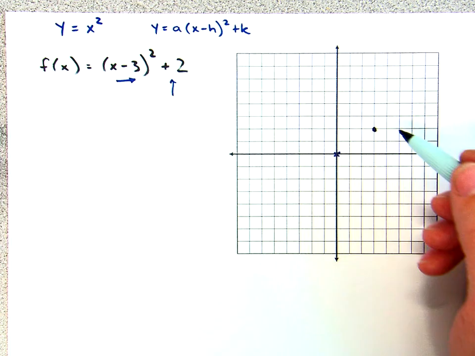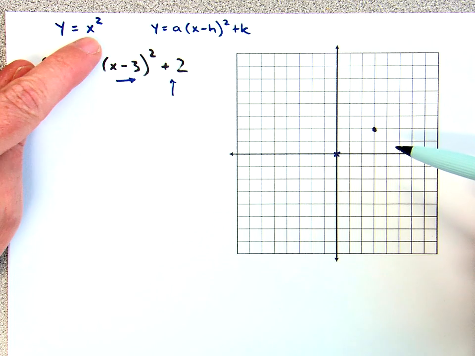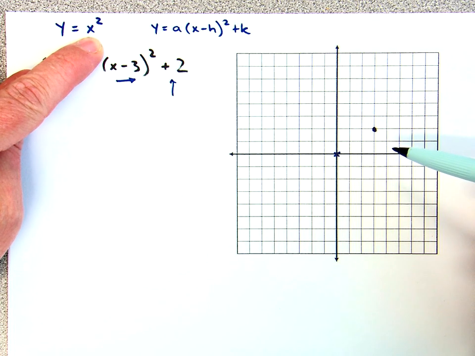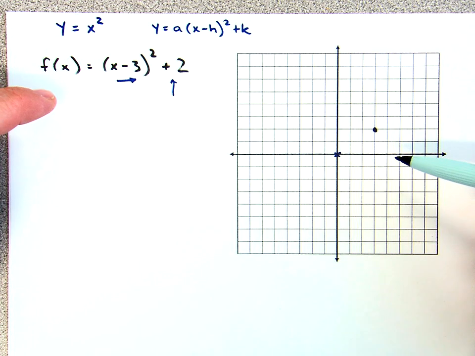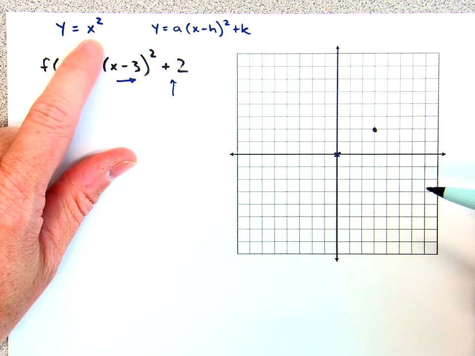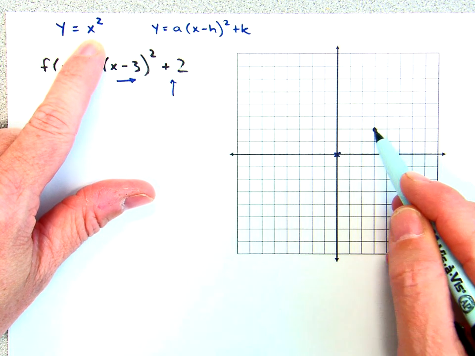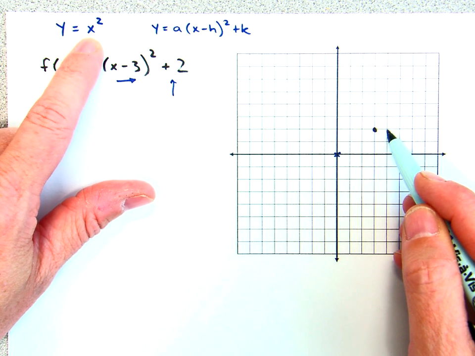Neither of these transformations is actually going to affect the shape of the graph. So once we get the vertex in its new location, we know that the rest of the parabola is going to be built in the same manner we would a standard form parabola. So we're going to use what I'm going to call anchor points, in which we know that from a regular x squared, if I were to move out 1 unit, I know that 1 squared is 1.